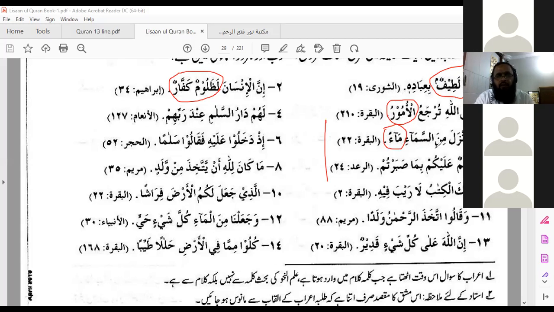And when we talk about jar, the identification of jar is either kasra or kasratain. Whenever there is kasra or kasratain on any noun, we say the status of the noun is jar, and that's why it is majroor.